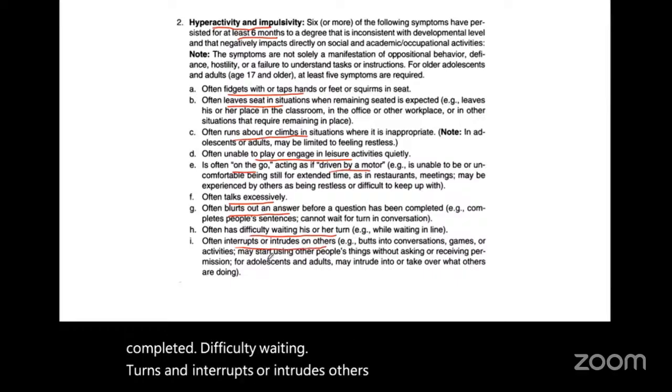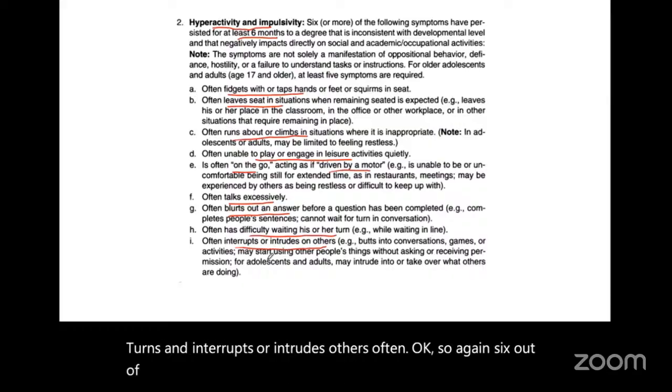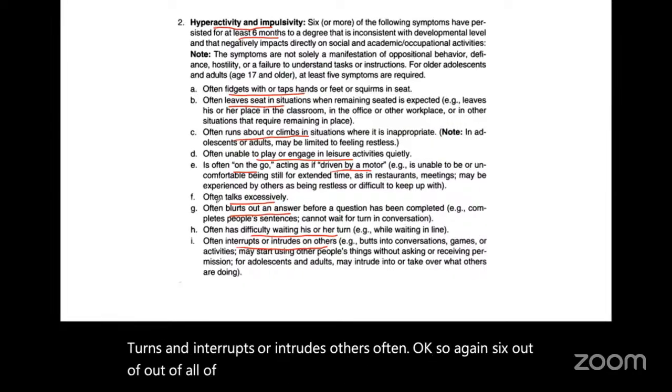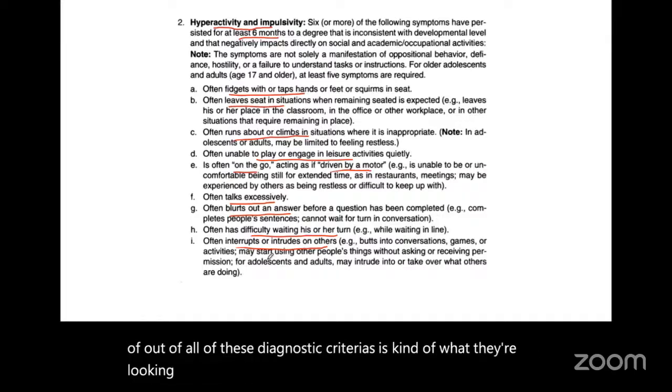Okay, so again, 6 out of all of these diagnostic criteria is what they're looking for when they're doing this type of diagnosis.